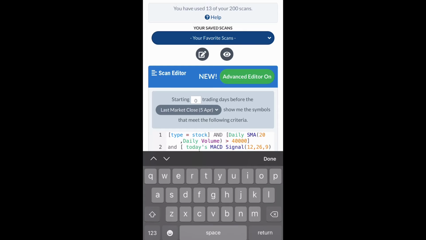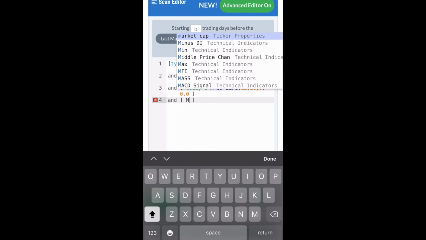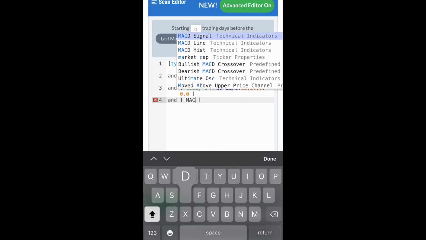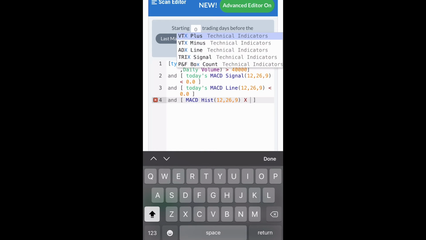All right, and then now for this part, this is looking at do we want to look for an upward or downward trend? So in this case, because we're looking under 0, we want to find stocks that are moving upward. We want to find those buy signals. So to do that, it's going to be similar to an old video that I did where we were looking for the MACD line to cross the MACD signal.